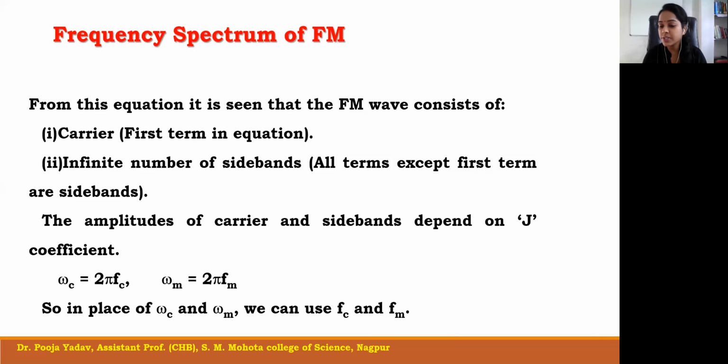That is the first term in the equation. जो हमने equation देखा उसमें दो चीजें हैं, पहले तो carrier है and the second one is an infinite number of sidebands. All terms except the first term are sidebands. Sidebands are all the frequencies that arise other than the carrier frequency.